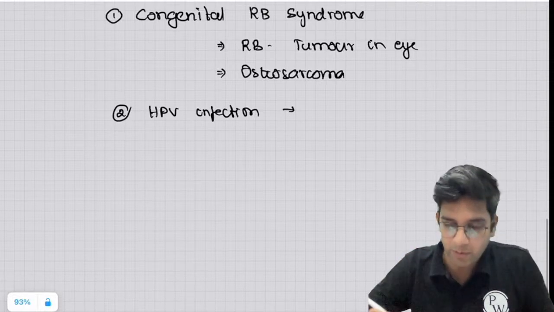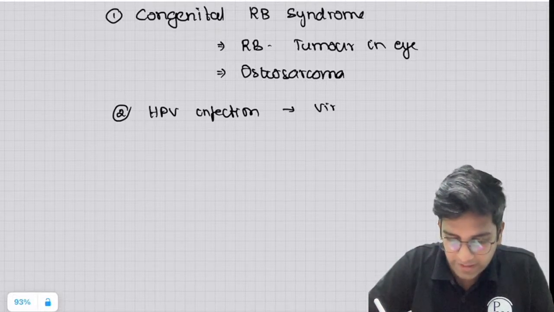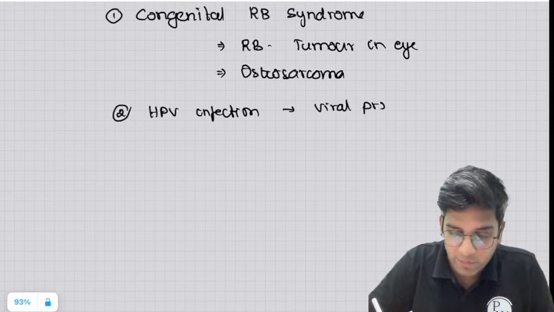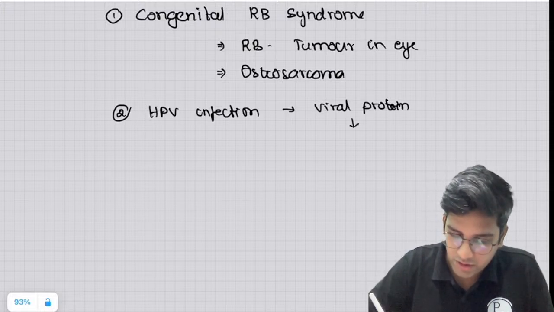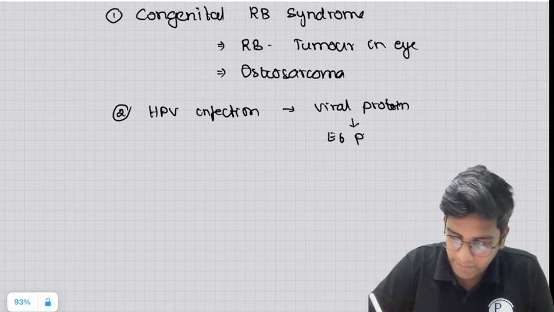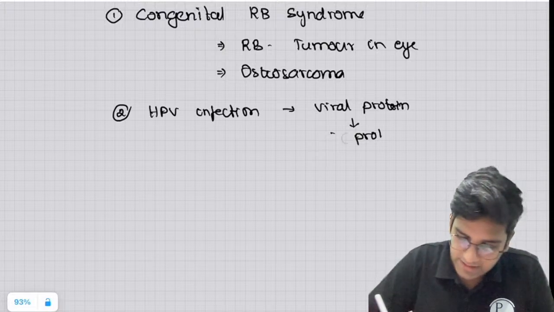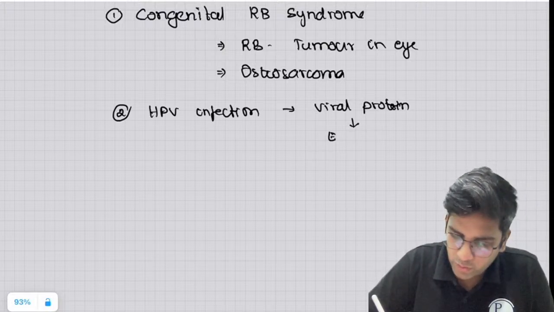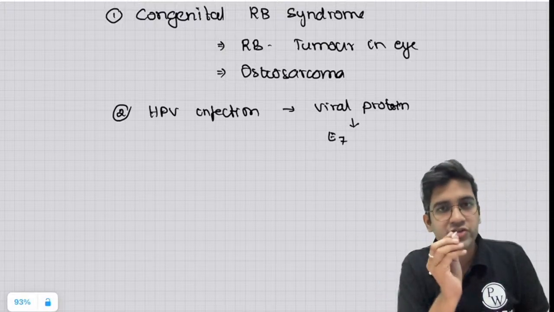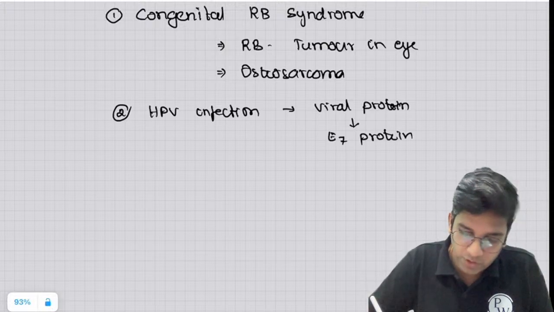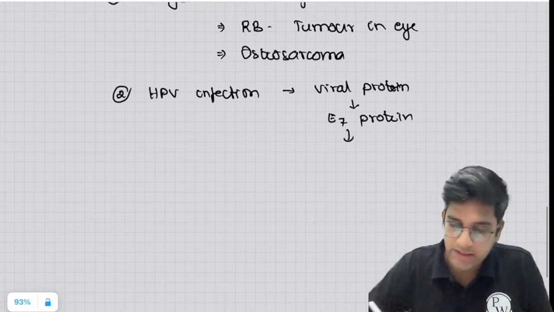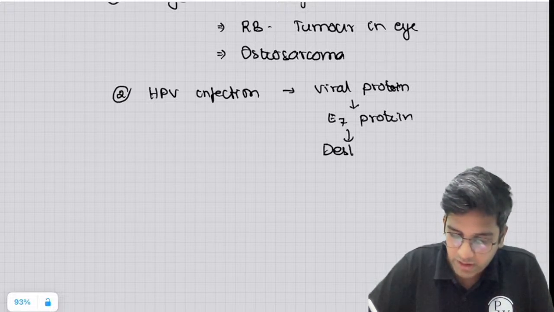The human papilloma virus has viral proteins, E6 and E7. The one which destroys retinoblastoma is the E7 protein. So this E7 protein of the human papilloma virus will destroy RB or mutate RB.